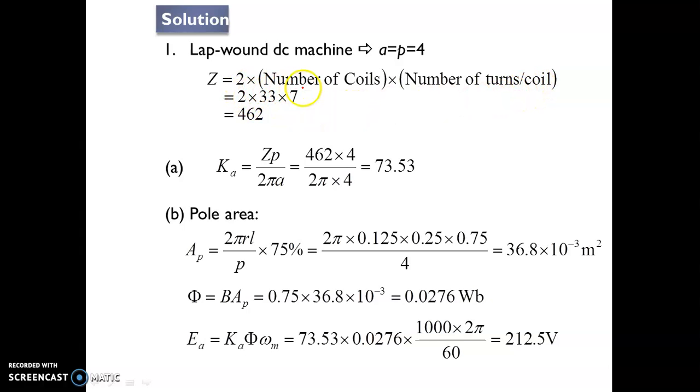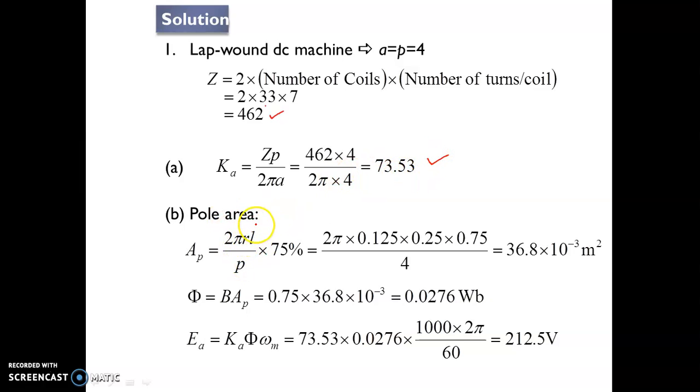The number of coils is 33 and the number of turns per coil is 7. And Ka, we know this relation, is Z multiplied by P divided by 2 pi into A. So Z is 462 multiplied by poles 4, over 2 pi, and the parallel path is 4, it is given. So this will be the armature constant.